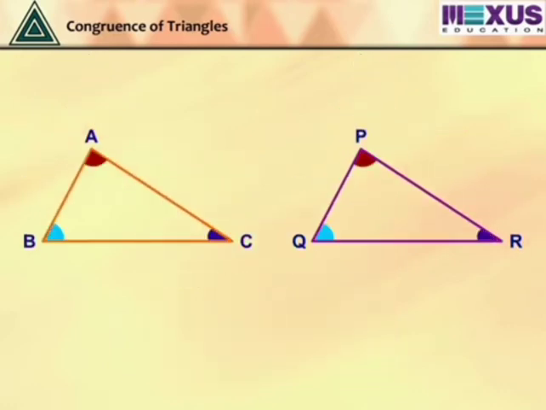Next, is it necessary to know the measures of all angles and sides of both triangles to state whether they are congruent? No. By using some congruence criteria, we can verify the congruency of triangles by knowing the measures of only three parts, so that we can identify whether two triangles are congruent or not.